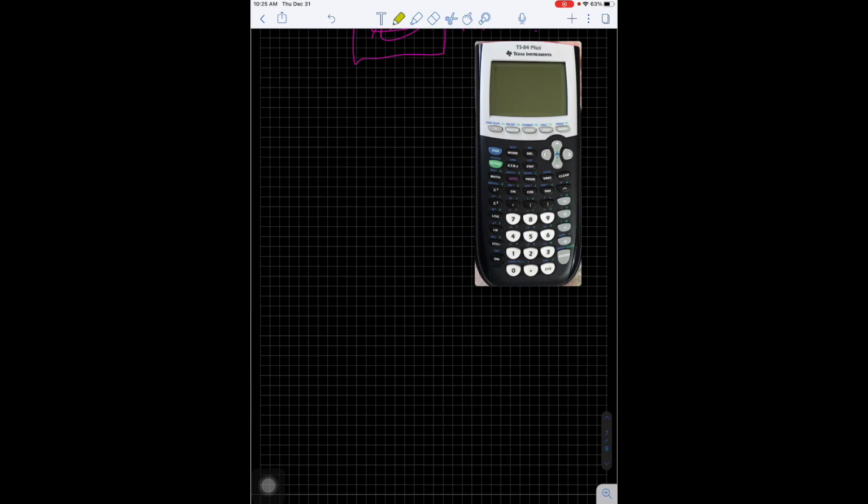If you're going to graph something, like let's say y equals x plus 2 times x minus 1 times x plus 5, you're going to go into this y equals button. When you do that, it's going to say y equals, and then you type in your equation. Make sure your parentheses are right here that you're using, and your x is right here.